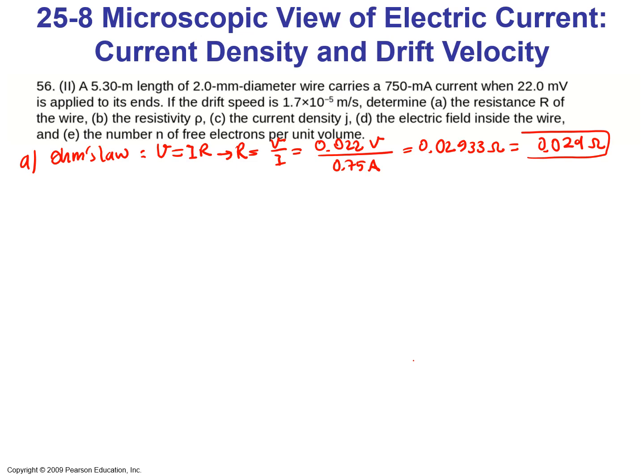For part B, asking about resistivity, let's use equation 25-3, which says R equals rho L divided by A. Solve it for rho, RA divided by L, R pi r squared divided by L. Let's plug in the numbers.